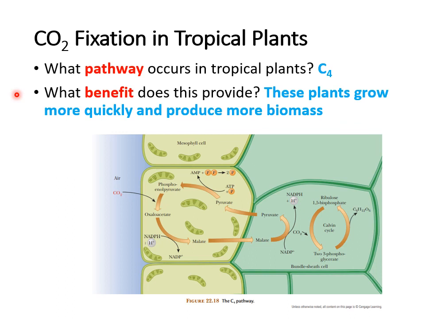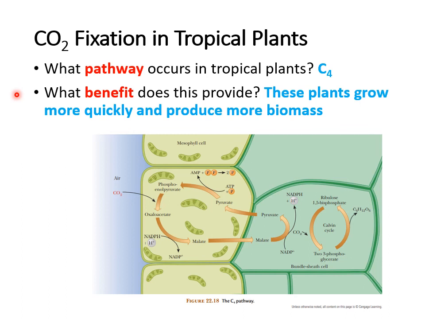Oxaloacetate then is reduced to malate, a reaction that you've heard before in our lectures, and that gets transported from the mesophyll cells where it's produced and then ends up passed to the Calvin cycle. Basically, when you have C4 pathways, they've found that the plants end up growing more quickly and they produce more biomass.